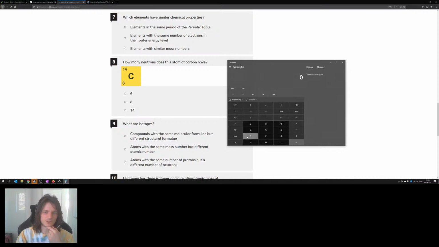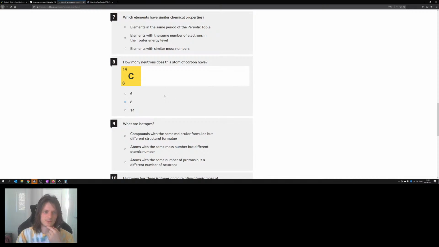It must be 14 take away 6, which is 8, because 6 represents the electrons and the protons and the remainder is the mass from the neutrons. And they're roughly one unit of mass each. I don't know, that doesn't sound right.